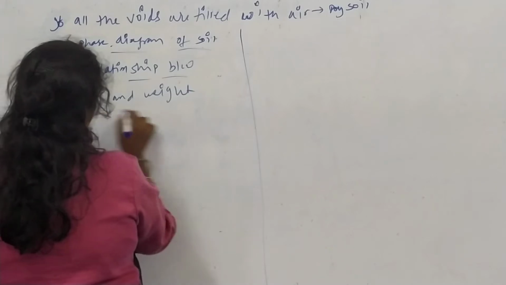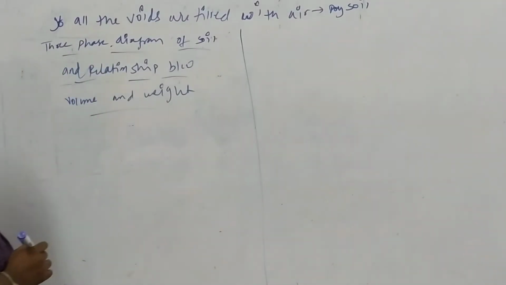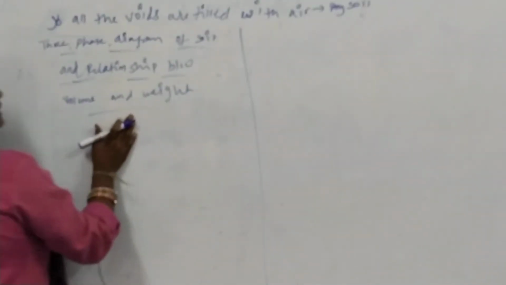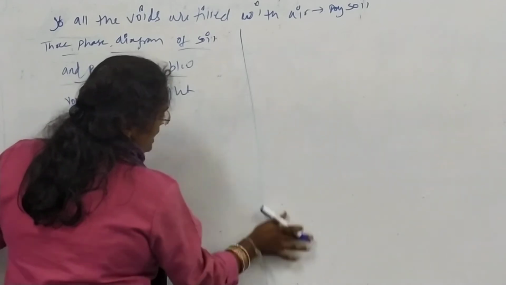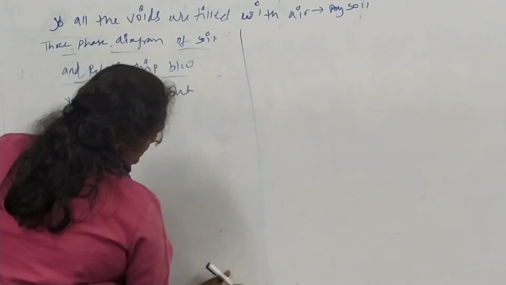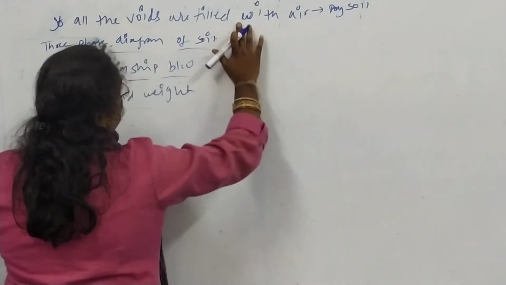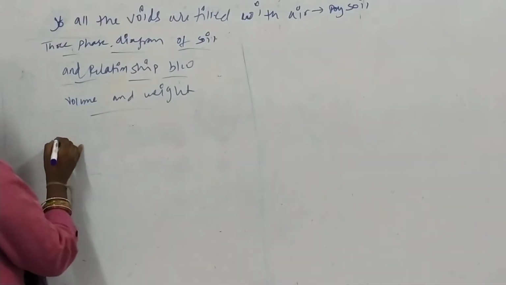Why are we saying it is a three-phase diagram? Because soil consists of three phases.